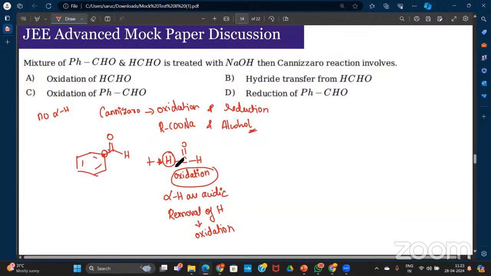Therefore, it will undergo oxidation. So oxidation of HCHO is right. It means that PhCHO will not undergo oxidation, so it will undergo reduction. And the hydride transfer takes place at HCHO, it can move out. So that is also true. So options A, B, D are the correct answers.